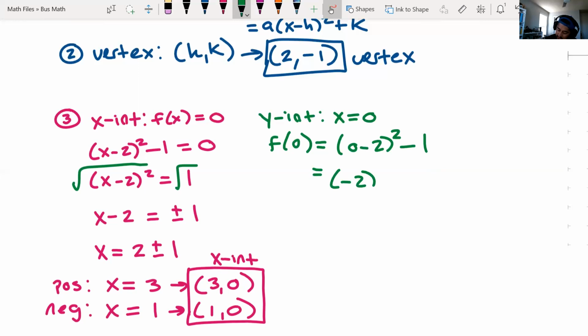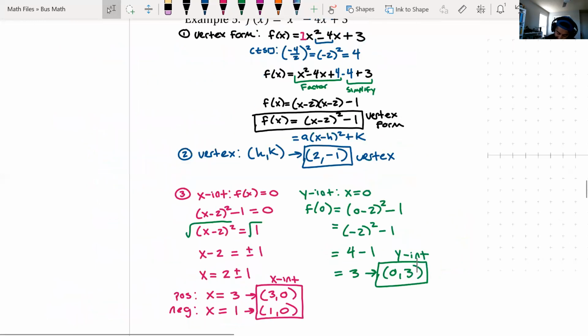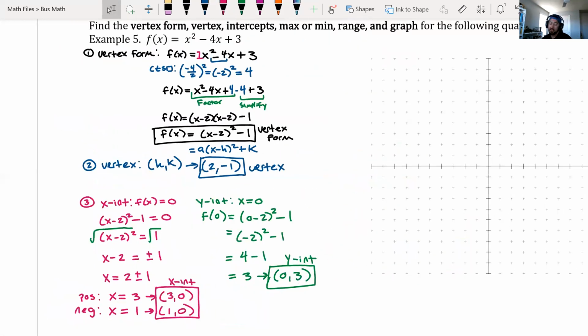This will give me -2 squared minus 1, which will give me 4 minus 1, which gives me 3. So my y-intercept is at 0, 3. Okay.